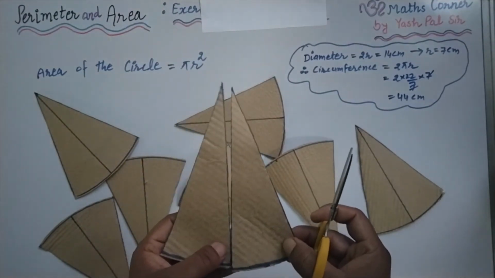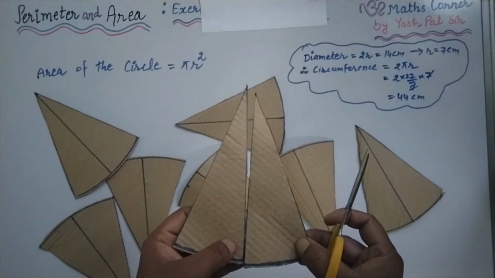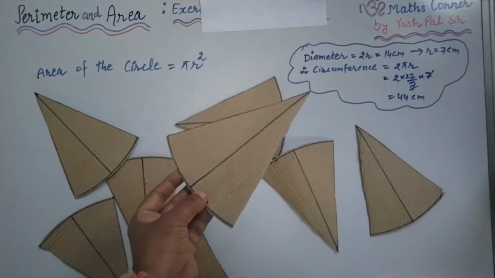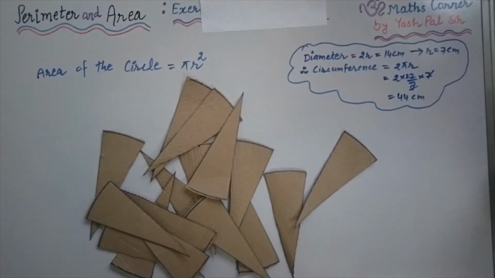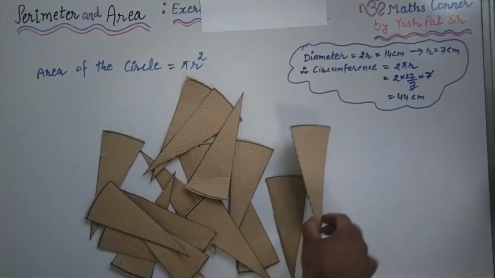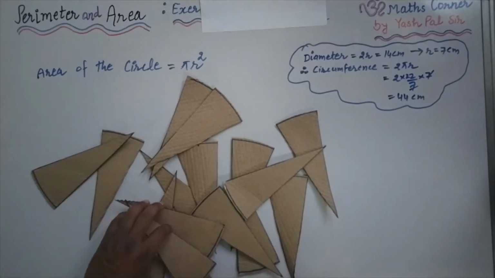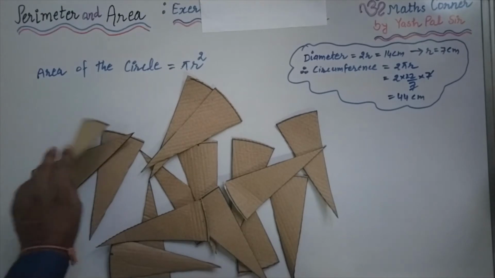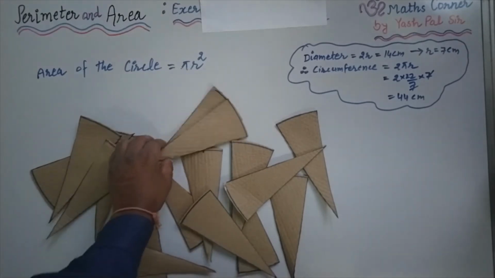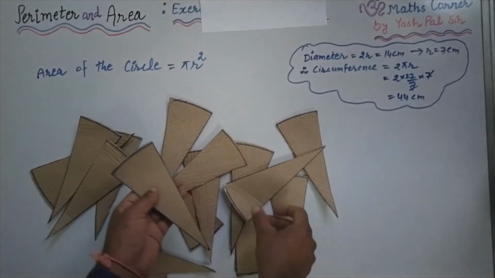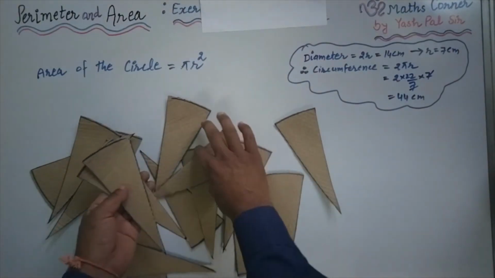So let us do this now. This way I have cut this into 2 equal parts. Now I am picking the second one, likewise others also. A lot of hard work I am doing to perform this activity. I have cut the circular sheet like this in so many pieces.